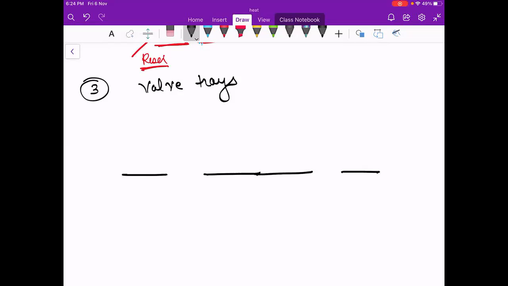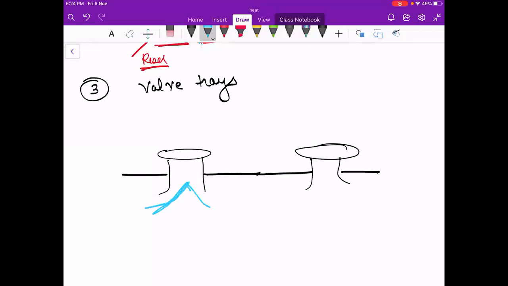It will be fitted with some valves. There will be a valve here. So what will happen when there is a valve here? The gas will go from here like this. Or I can just draw an arrow.